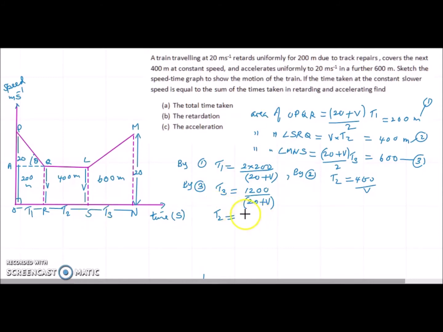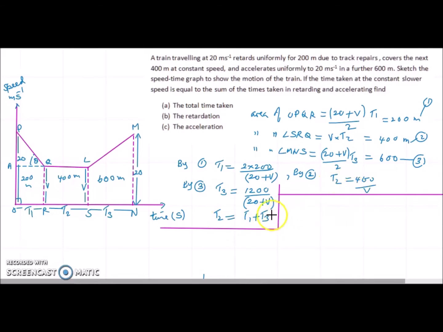The question gives this one: time taken at constant speed is equal to the sum of the times taken in retarding and accelerating. That is t2 equals t1 plus t3. This is how the times are related.